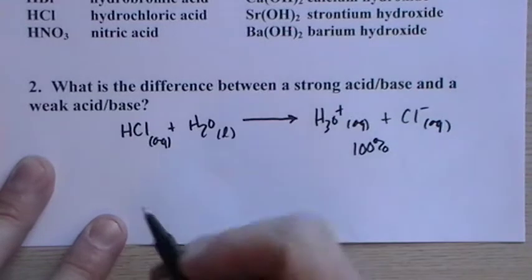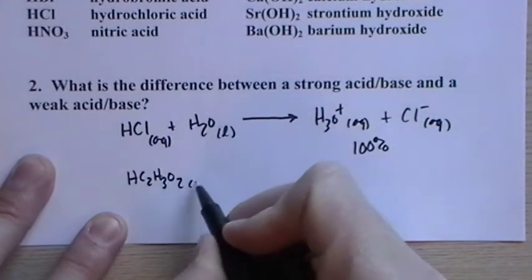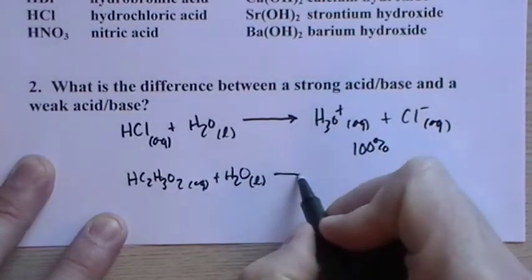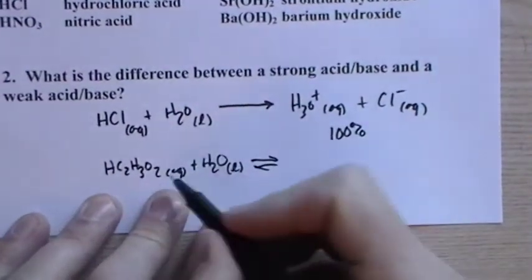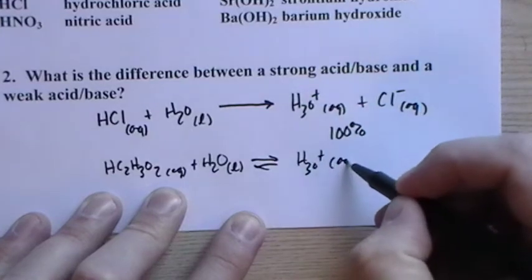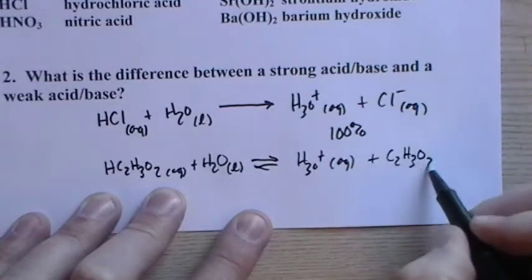For a weak acid like acetic acid, it goes into water, and we have to put in a double arrow for equilibrium because there is some shift back. It creates H3O plus like the other acid did, and the counter ion.